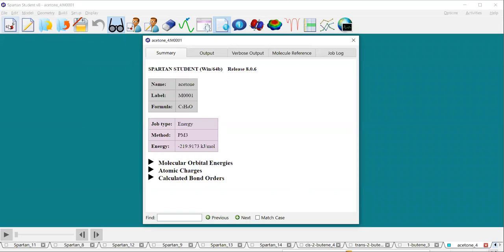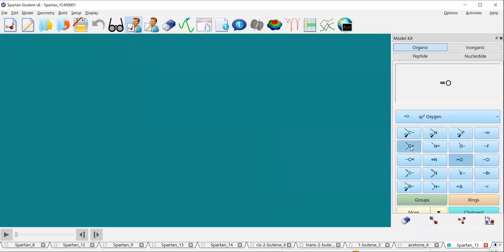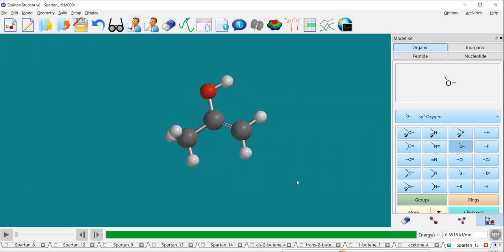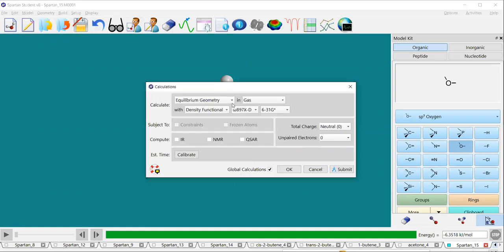And finally, I have to construct the enol. And replace this hydrogen by OH group. Yeah, so now I have to minimize it and check whether the molecule is correct. Let me do it again. Yeah, it looks nice. And now we have to figure out the energy of this molecule.